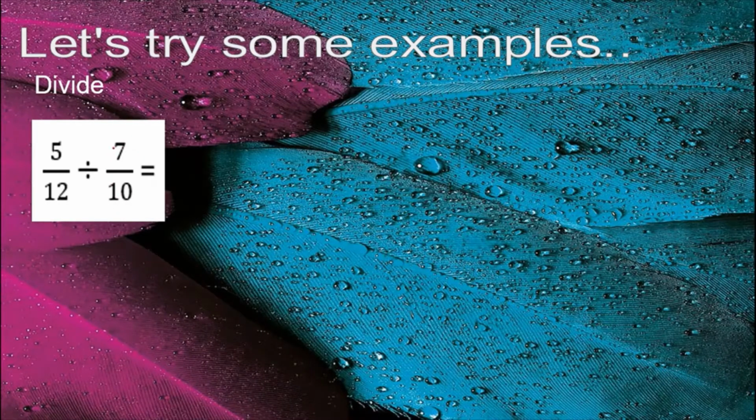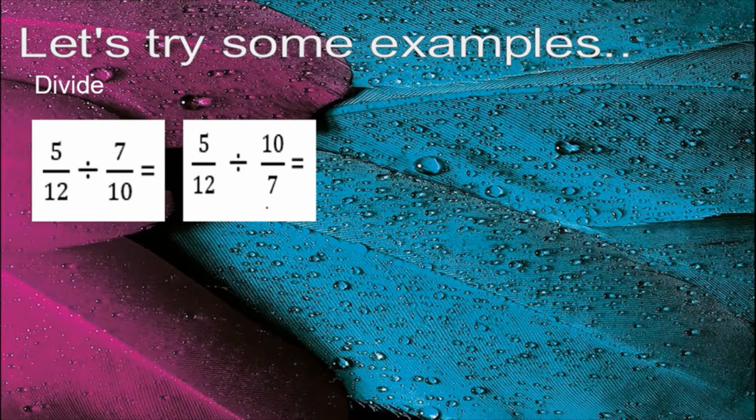When we do the reciprocal, we just switch: the numerator will go to the denominator, and the denominator will be our new numerator. So this is what happened. Okay, so we switch. 7 over 10 will become 10 over 7. So this is what we call reciprocal.